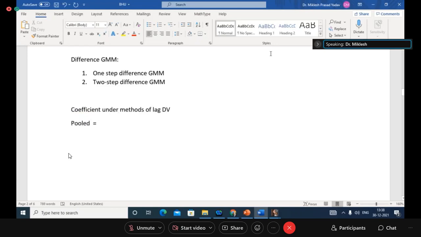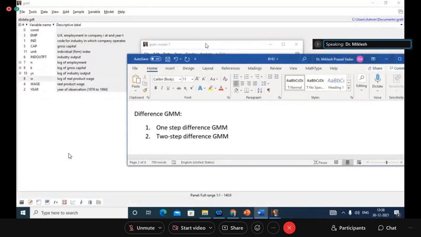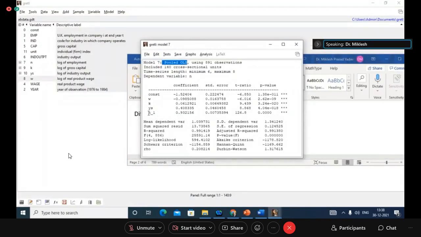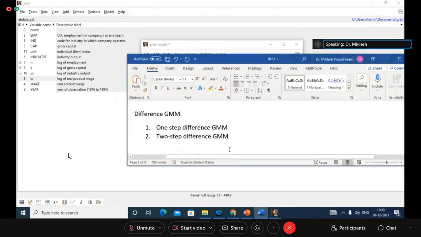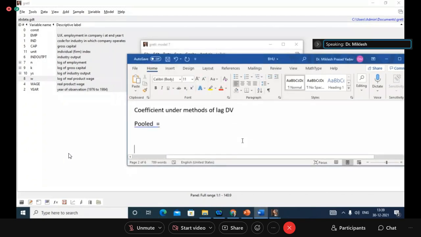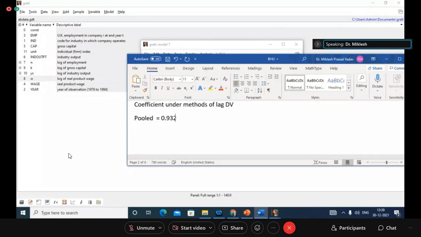Can anybody tell me what is the coefficient of the pooling method? N minus 1. What is the coefficient? Coefficient is 0.932. This is the pooled model.